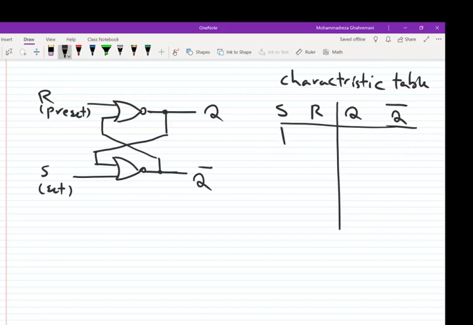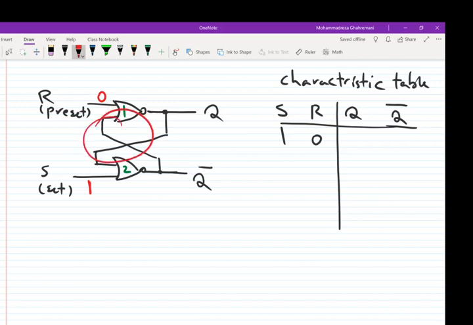Let's assume set is 1 and reset is 0. What's going on if S is 1, R is 0? Let me give names to these two NOR gates. The first one is called NOR gate number 1, the second one is called NOR gate number 2. So S is 1 and R is 0.